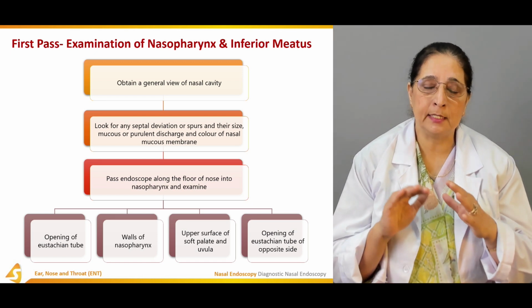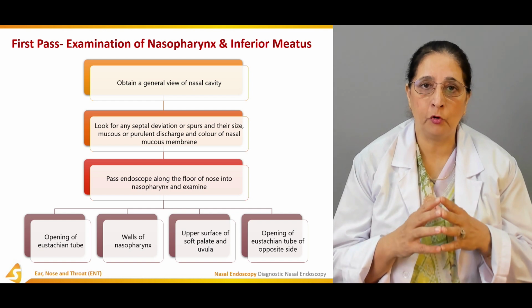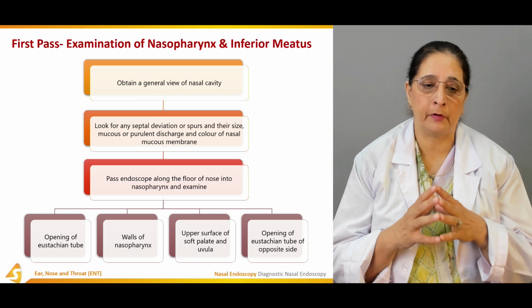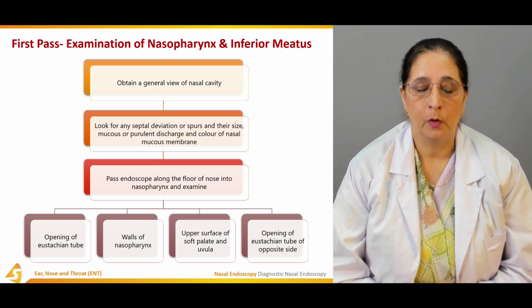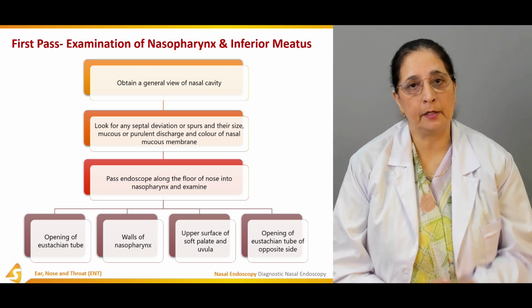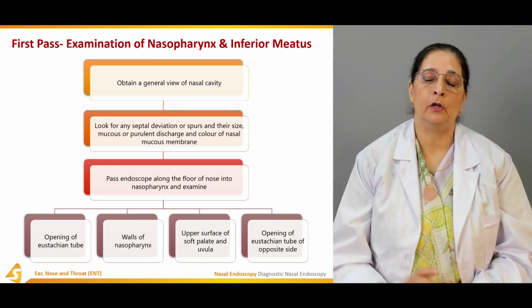Then we pass the endoscope through the nasal cavity from the floor of the nose into the nasopharynx, and then examine for the opening of eustachian tube, walls of the nasopharynx, upper surface of soft palate and uvula, and opening on the other side.